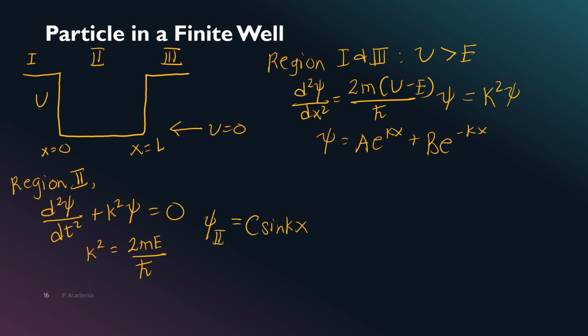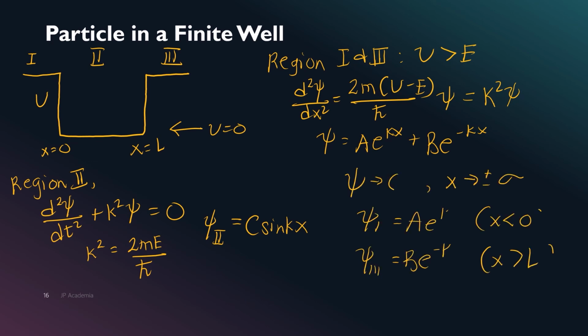We impose that the wave function will approach 0 as x approaches positive and negative infinity. Thus, the solutions for this wave function at regions 1 and 3 are the following. For region 1, we have an exponentially increasing wave function, and for region 3, we have an exponentially decaying wave function.